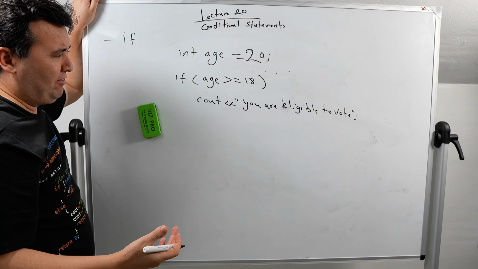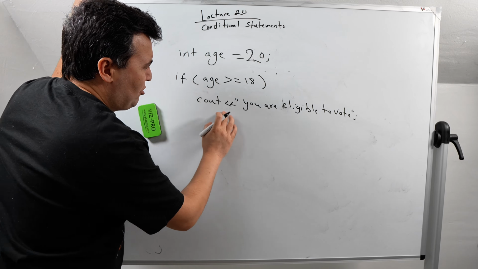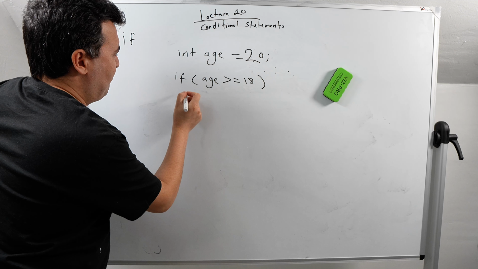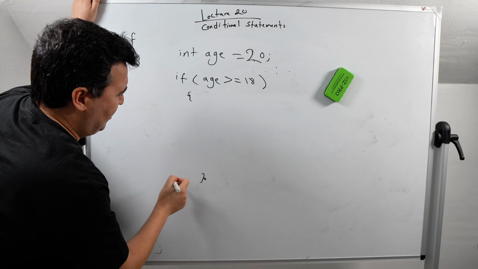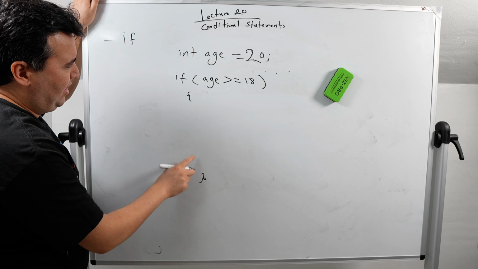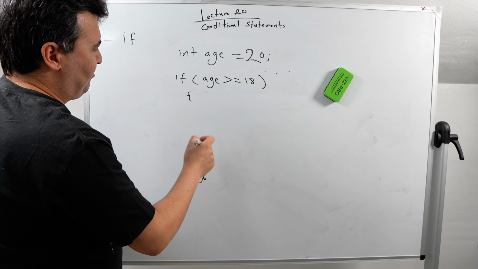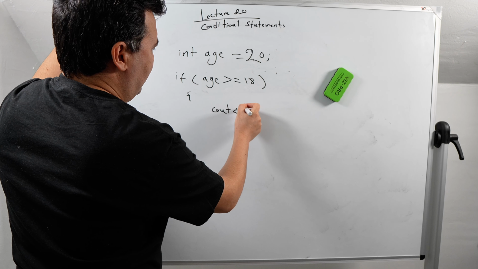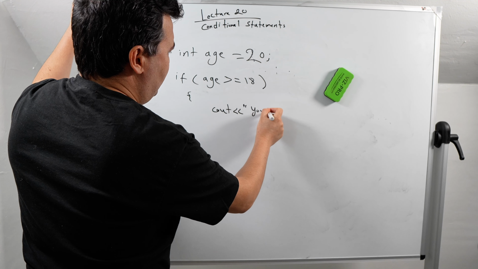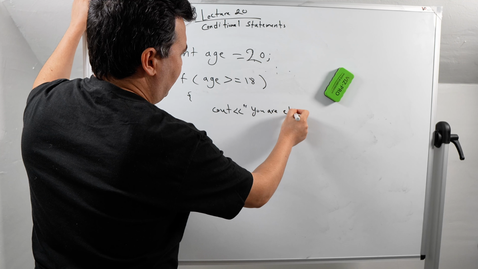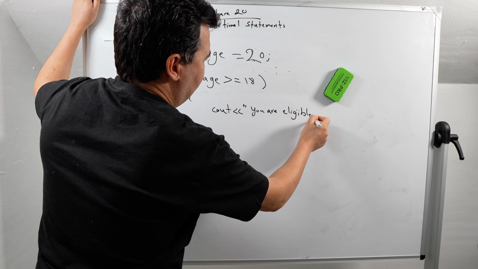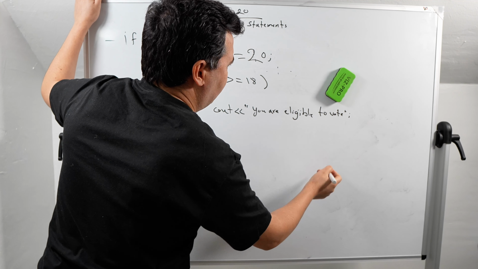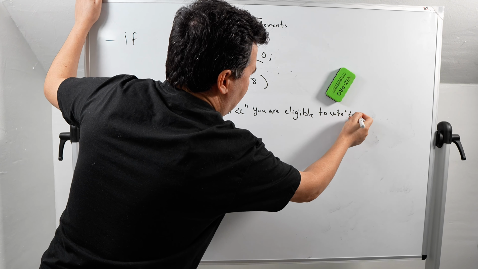But if the condition is true and you want to execute multiple statements, you need to use curly braces. For example, I open the curly braces. This is the body of the if. It starts from here and ends here. So I can write here cout, you are eligible to vote, and also I can write endl.